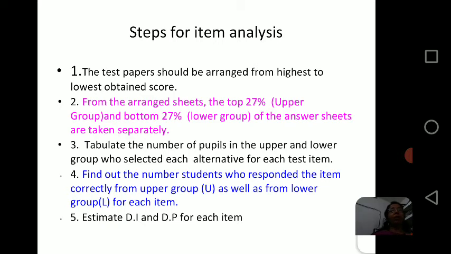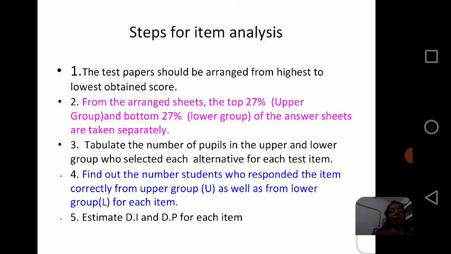You collect the top 27% answer scripts and the bottom 27% answer scripts and discard the middle 46% of answer scripts. Now you have only the upper group and lower group. The middle group is discarded. Got it?